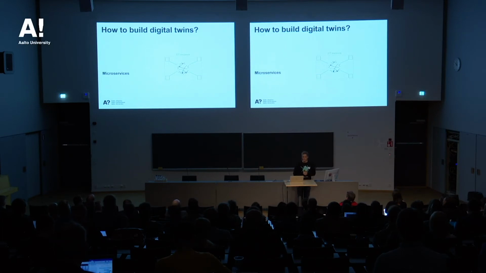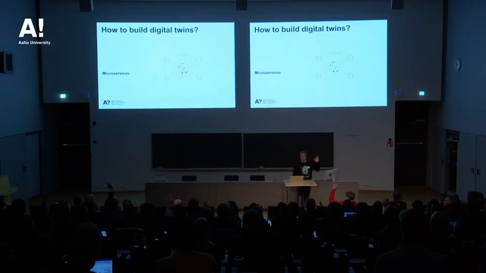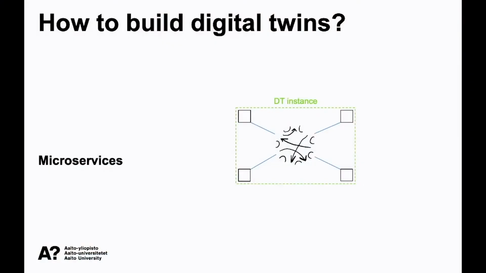Another way of doing things is to make it with microservices. How many of you have heard of microservices? Most, yeah, good. I won't explain it deeply, but build one microservice for one digital twin, basically one digital twin block. So these squares represent a digital twin block.